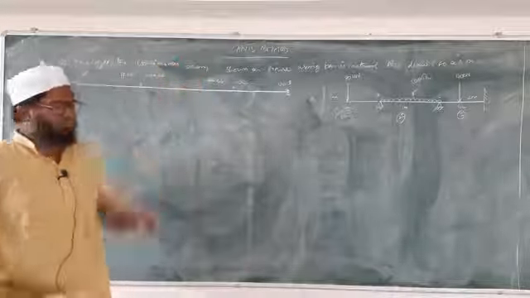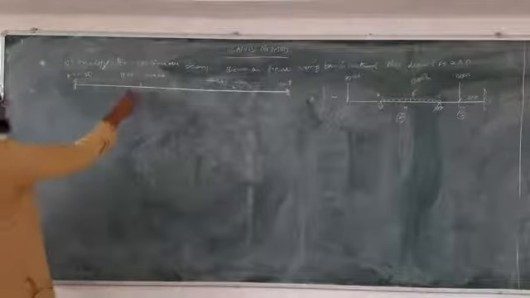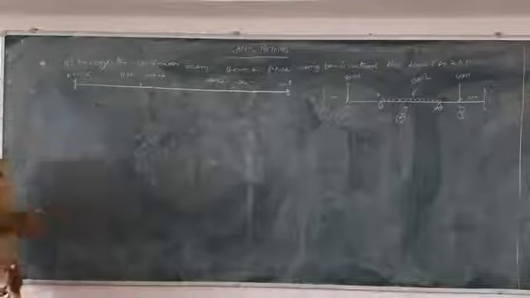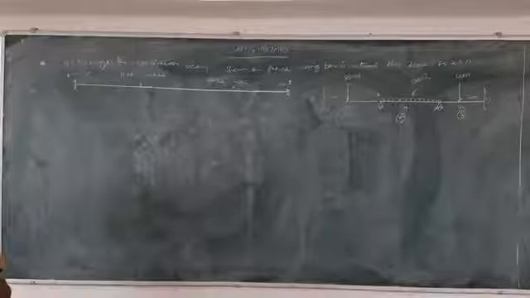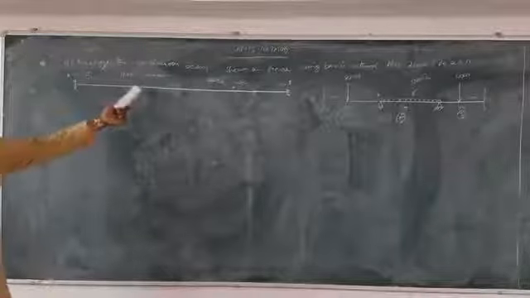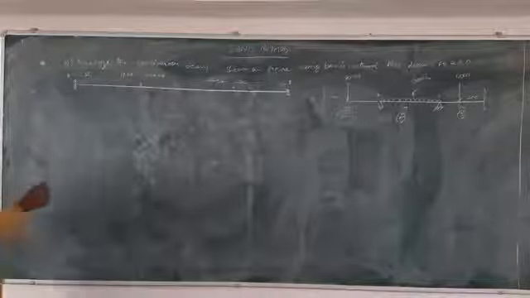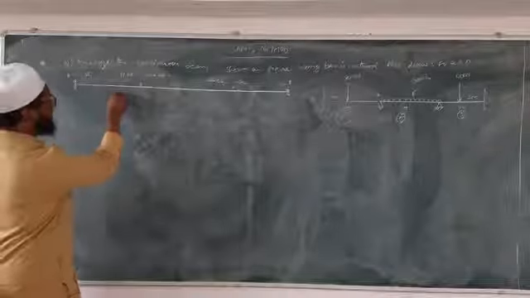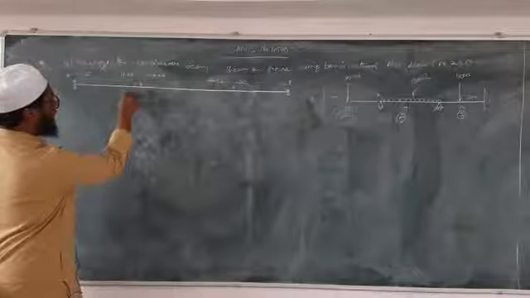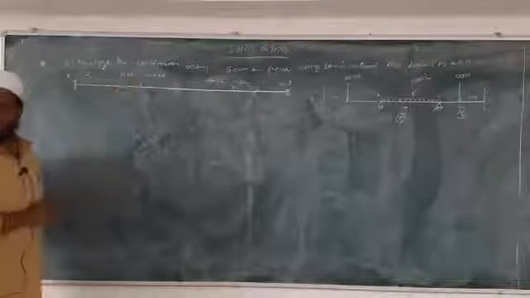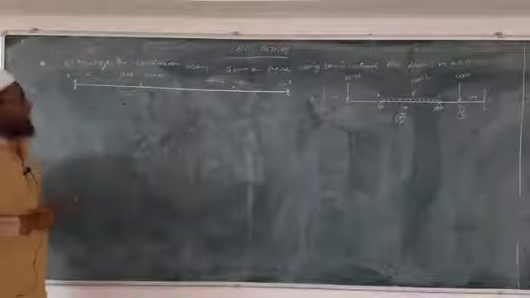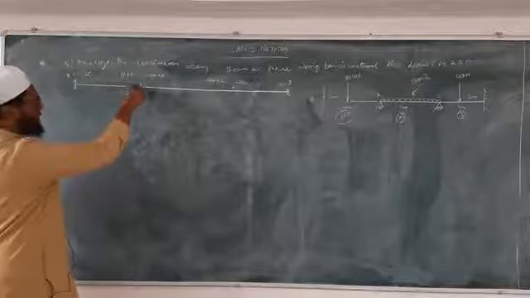Okay. Now, what is the rotation contribution for member BA? Minus 0.25. Below it I am writing here. Okay. Minus 0.25.